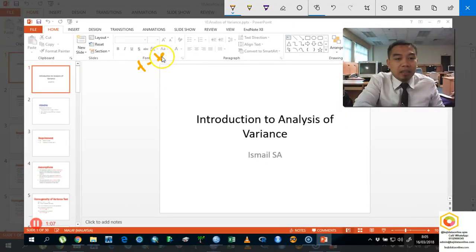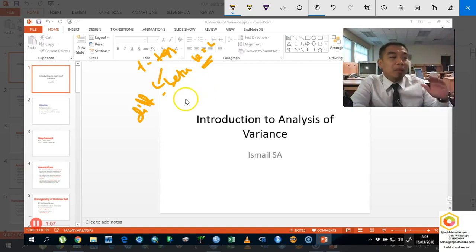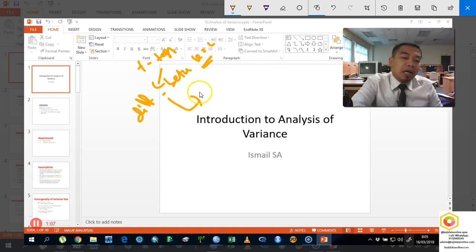The t-test are actually being used to measure differences between k is equal to 2. K is a group. Group is only 2 independent sample t-test. If we compare with standard, 1 sample t-test. If we compare more than 2, then you need to go under the ANOVA, analysis of variance. So far so good?